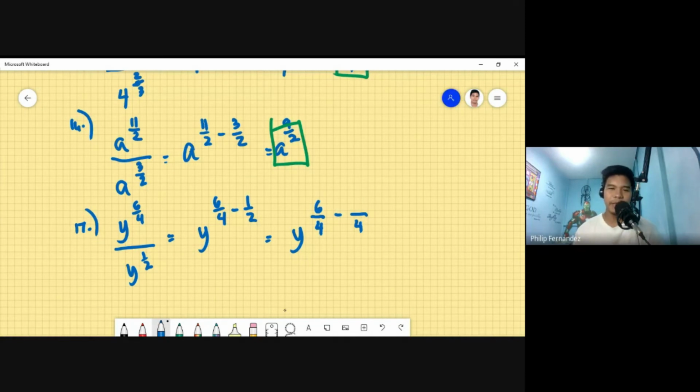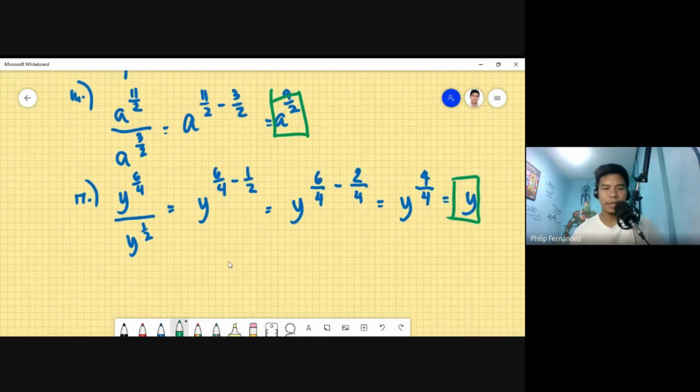Tapos 4 divided by 2 is 2 times 1. Okay? Tapos simplify. Dahil similar na sila, copy nyo na lang yung denominator. Tapos simplify yung taas. 6 minus 2 is 4. Ayan, 4 divided by 4 is 1. So, y na lang siya.